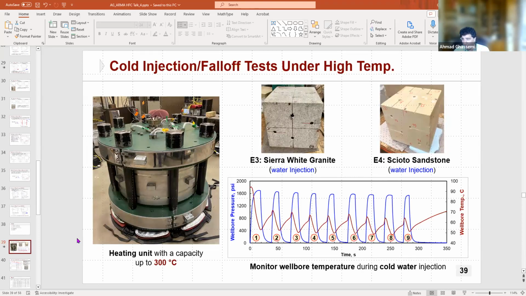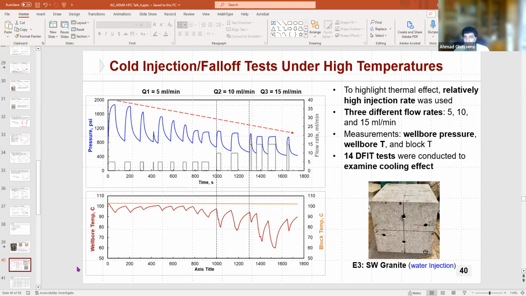So we monitor the wellbore temperature during these tests, and the temperature of the block on the surface, not shown here. We also obviously monitor the pressure for different times and cycles.